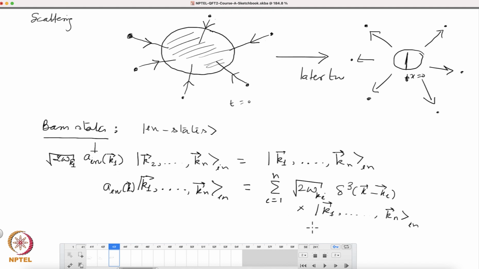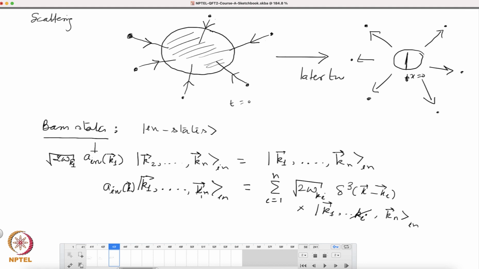but A in of k will remove the label k_i. So that is gone. This label will not be in here. So for example, if you had k1, k2, k3, and if you act with A in of k, then if k is equal to k2, this label will be gone.